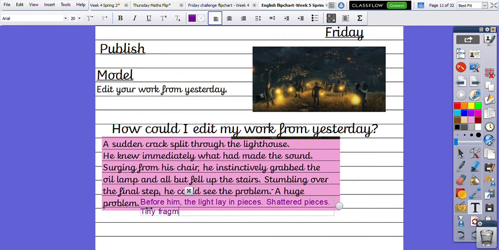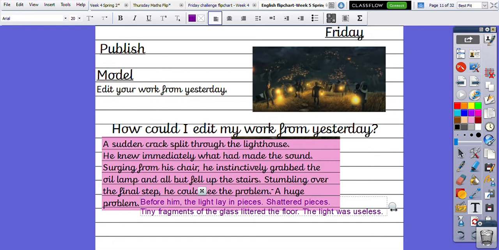Tiny fragments of the glass littered the floor. The light was useless. So really making it clear to my reader the real trouble that the lighthouse keeper is in now, the complete uselessness of the light. It can't be very quickly fixed.